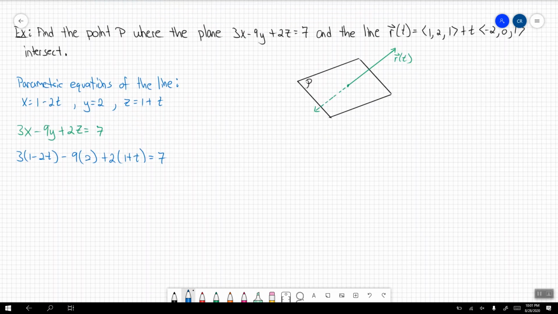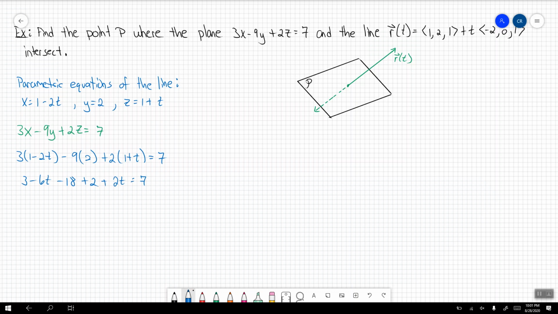Which means I am able to find for which t value this parametric equation of the line intersects this plane. That will then be able to transcribe into some point on that plane or some point on that line. So let's distribute here. This is going to be 3 minus 6t minus 18 plus 2 plus 2t is equal to 7.